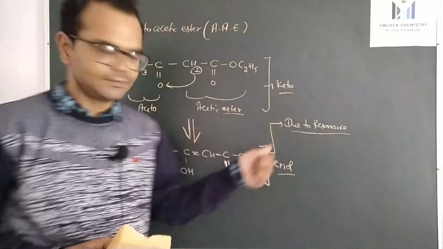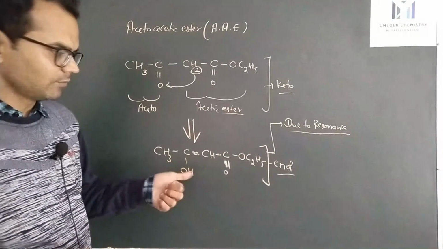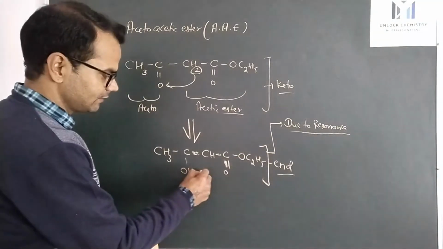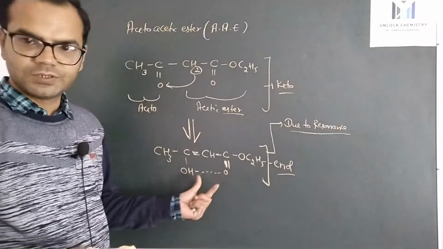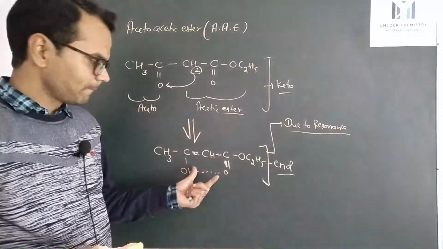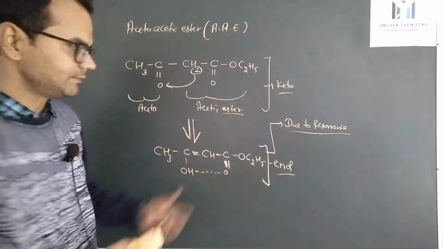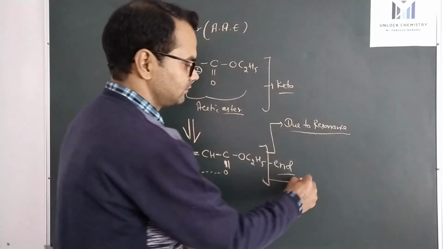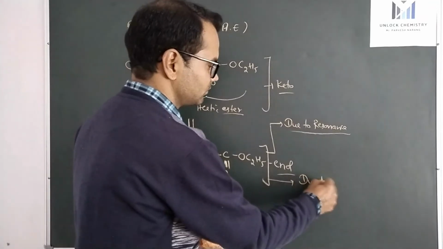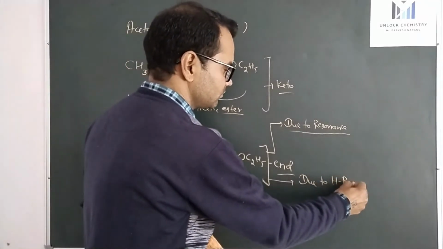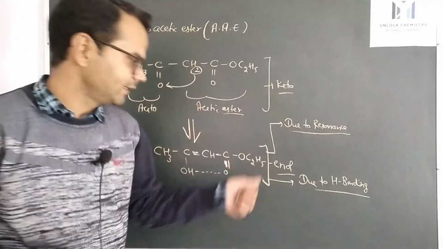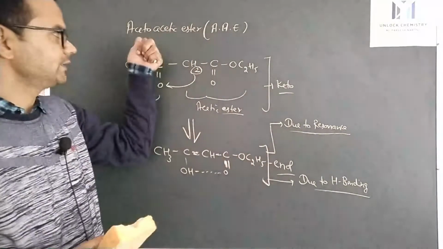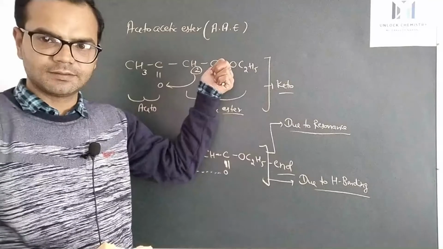And the second reason is we can see there is hydrogen bonding. This hydrogen will attract another electronegative atom, so that results in increased attraction and extra stability. So the second reason is hydrogen bonding in the enol form of acetoacetic ester.